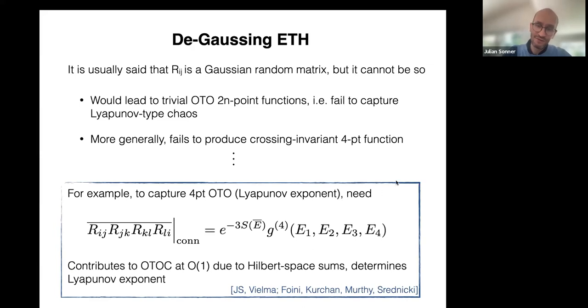If the statistics is Gaussian only, then you can calculate everything with Wick contractions. But with Wick contractions, you never get a non-trivial Lyapunov exponent. So in order to characterize a non-trivial Lyapunov exponent, you have to have a connected contribution in the statistics of the R matrix that has 4 R matrices, so a connected 4-point moment. And it has to be very highly suppressed.